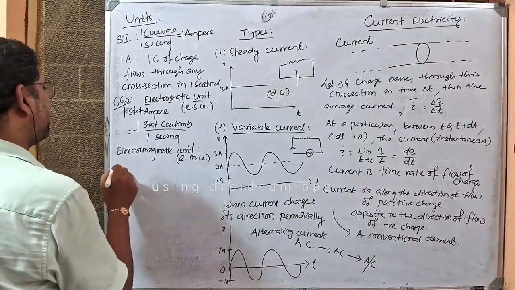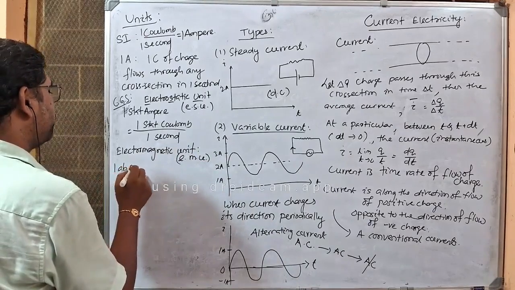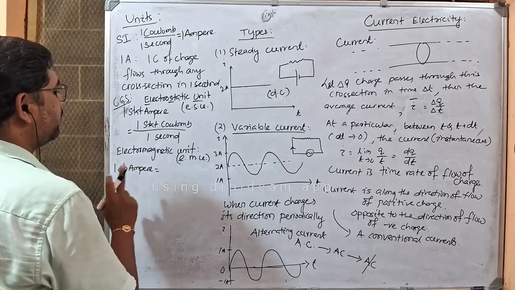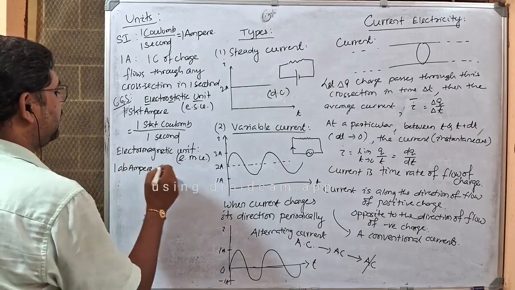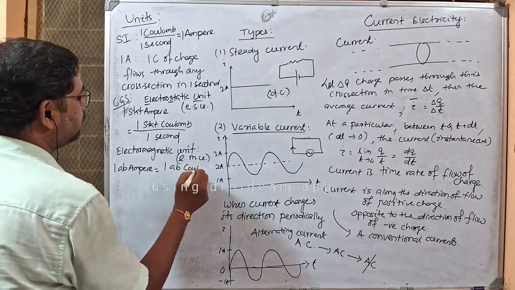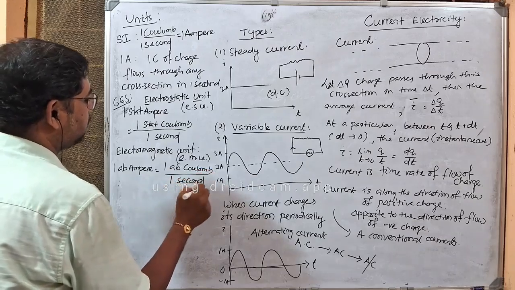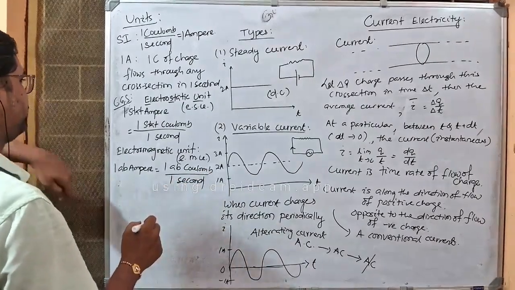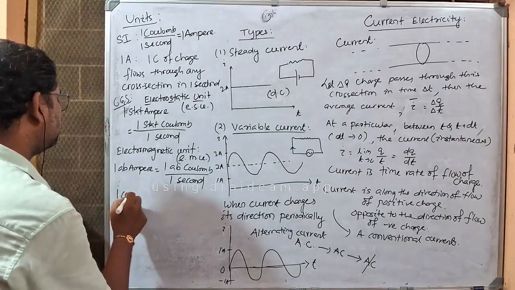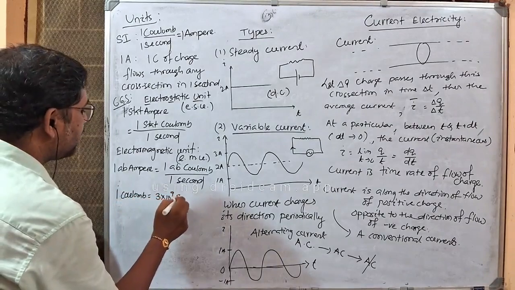Here the unit of current is 1 ampere, that is 1 coulomb by 1 second. 1 coulomb is equal to 3 into 10 to the power 9 stat coulomb.